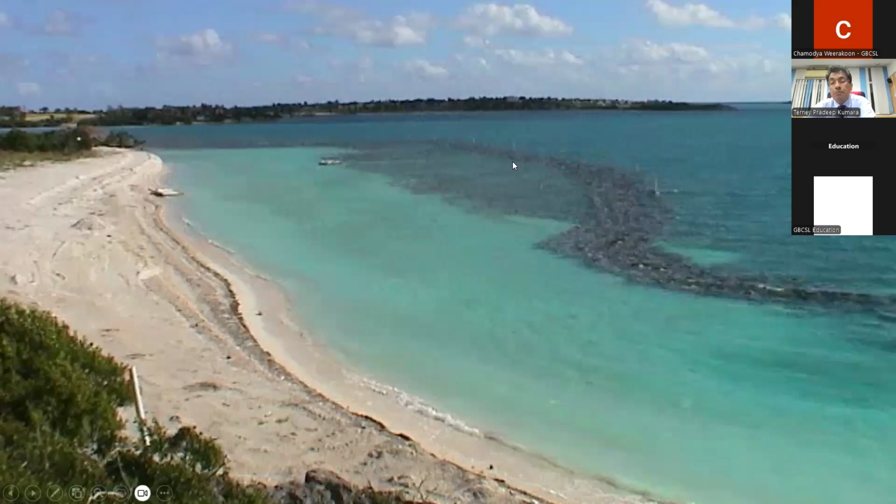So go for submerged reefs for erosion control in front of your resorts. Then you can have a nice, calm area for bathing and others. And still you can ensure very safe, protected beaches.